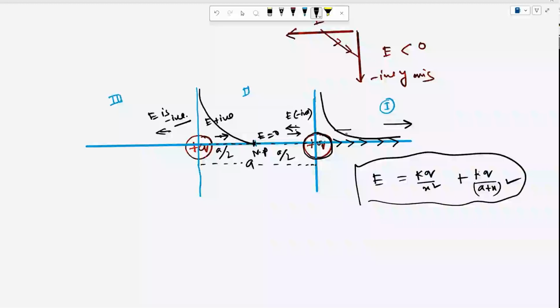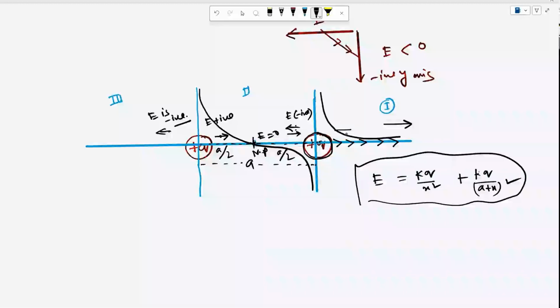The third quadrant is going to be repeated. As E is a negative quantity, the graph will be like this. Electric field is 0 here, you got a neutral point over there. And the E versus X graph will be oriented this way.